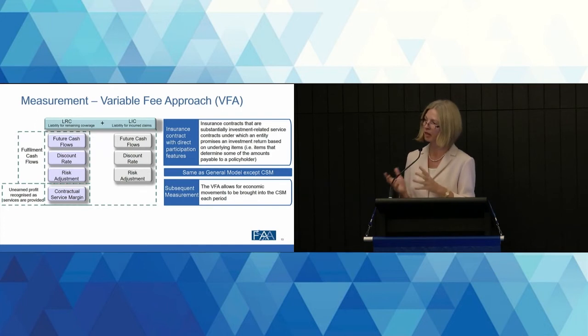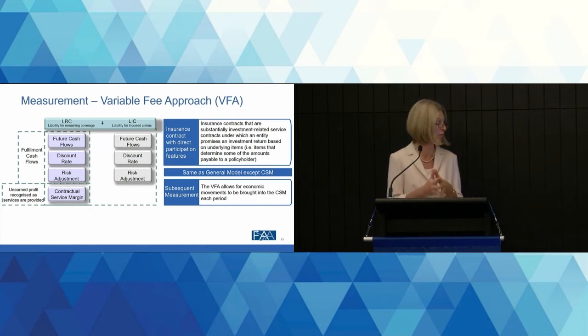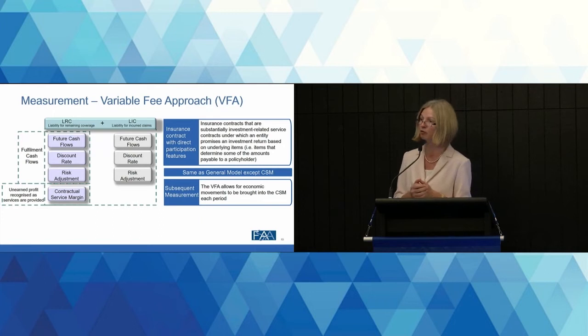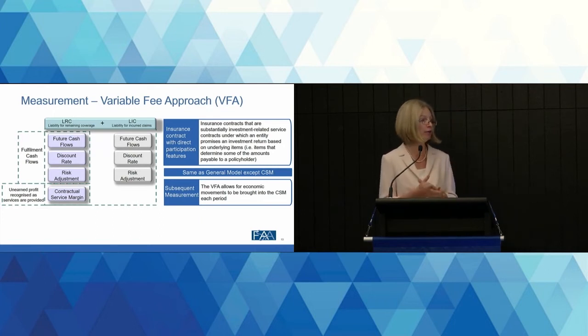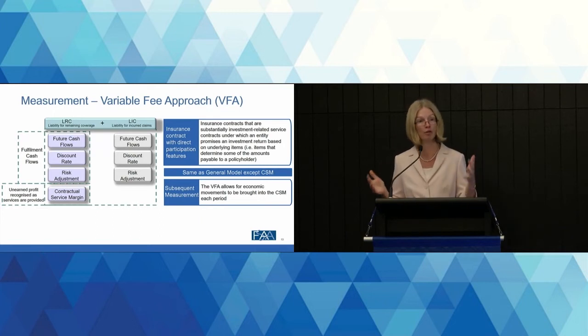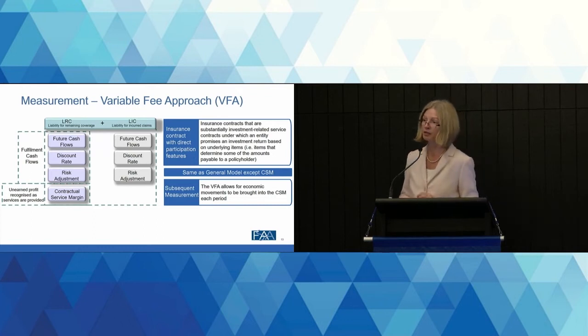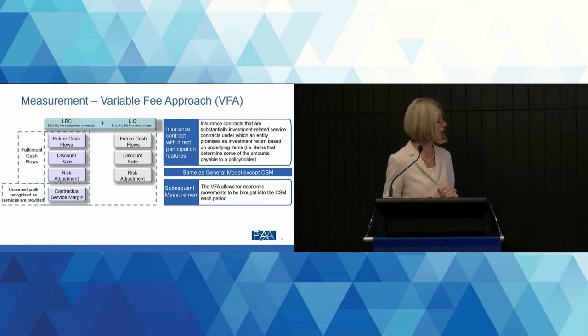Those movements can be reflected in that CSM, so they don't need to go to profit immediately. That potentially helps where you've got significant variations in market movements in certain periods, as it's not reflected immediately in your profit. It's spread over the period of the contract. The other point to note is that you are unable to use this measurement model for reinsurance contracts.